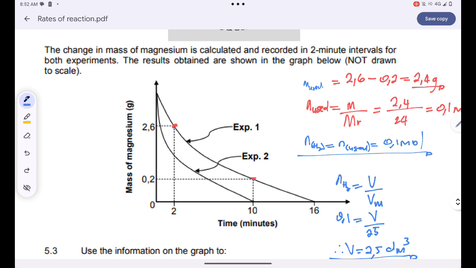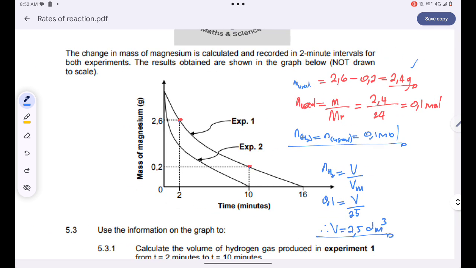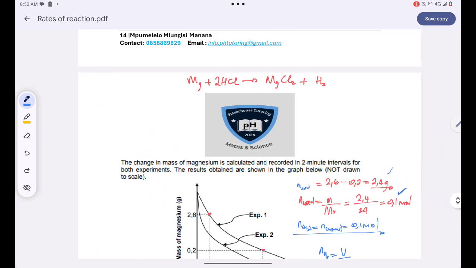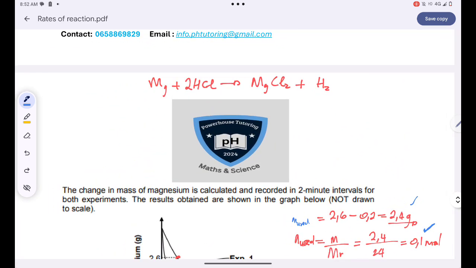All together. After finding the mass of the magnesium which was used, we then calculated the number of moles of the magnesium that were used. After finding the number of moles, we simply use the ratio and proportion to find the amount of hydrogen that will be formed by magnesium.